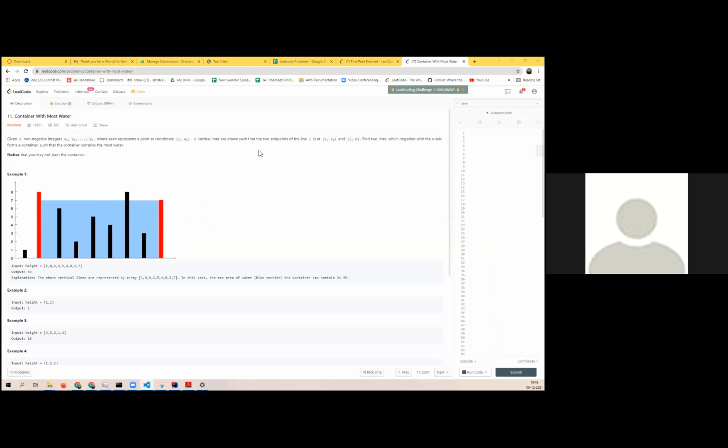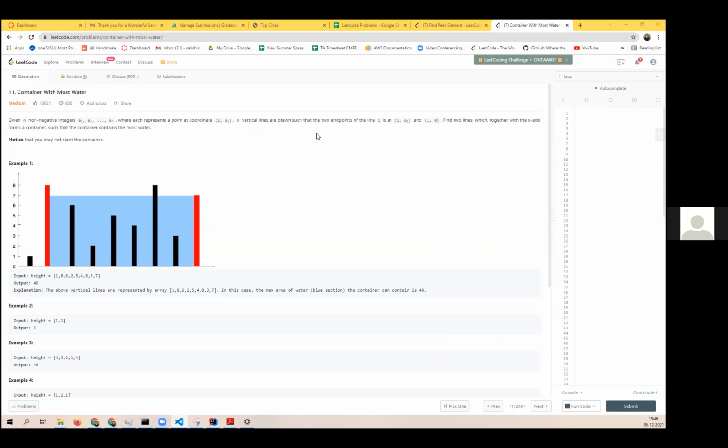So here's a quite interesting problem. The question is, we have to find the container with the most water. Let me read through the problem first. We are given n non-negative integers a1, a2, ..., an, where each represents a point at coordinate (i, a[i]).